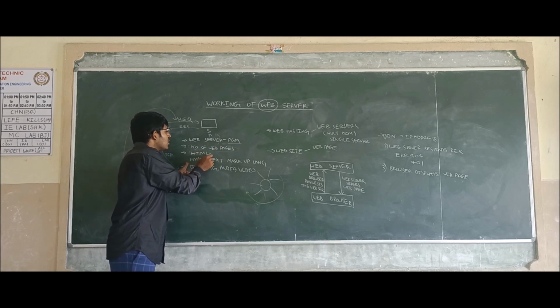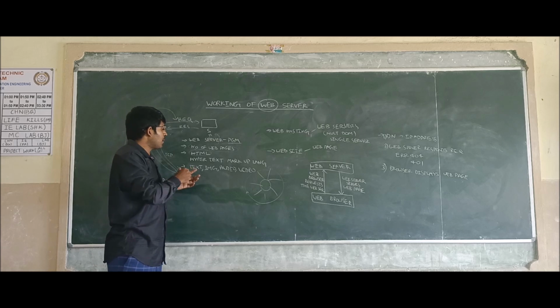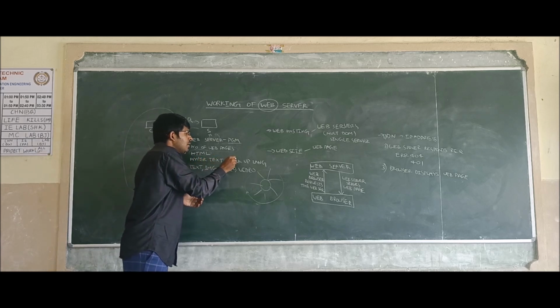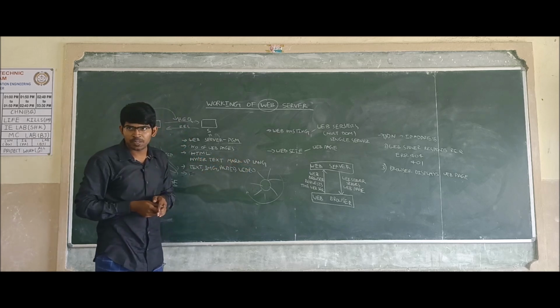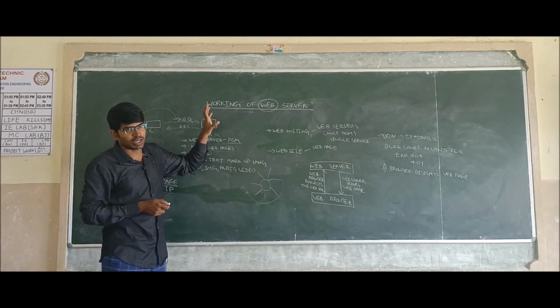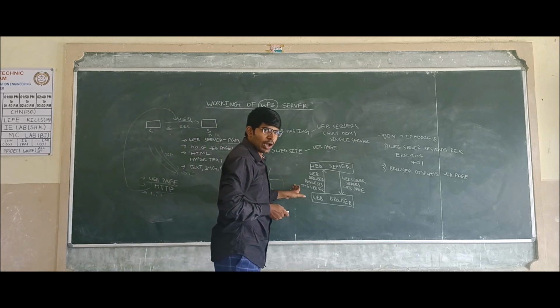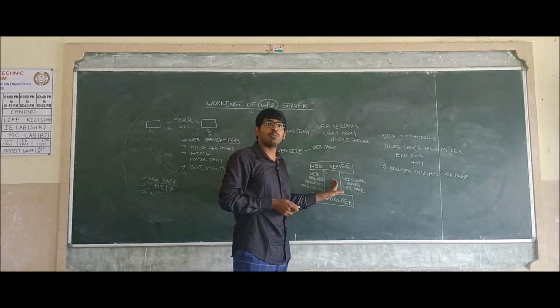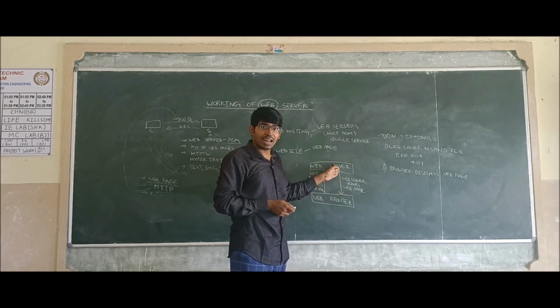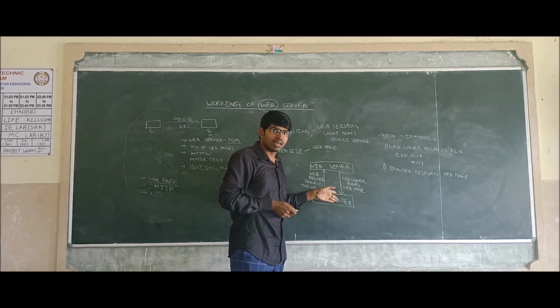These web pages are stored in HTML language. HTML means hypertext markup language. All these web pages are stored in the web server using the HTML language. But when we request using the HTTP protocol, this web page is translated into original text at the receiving end.